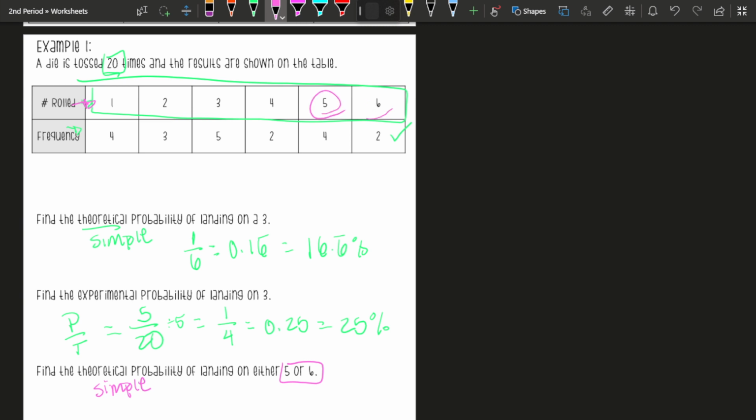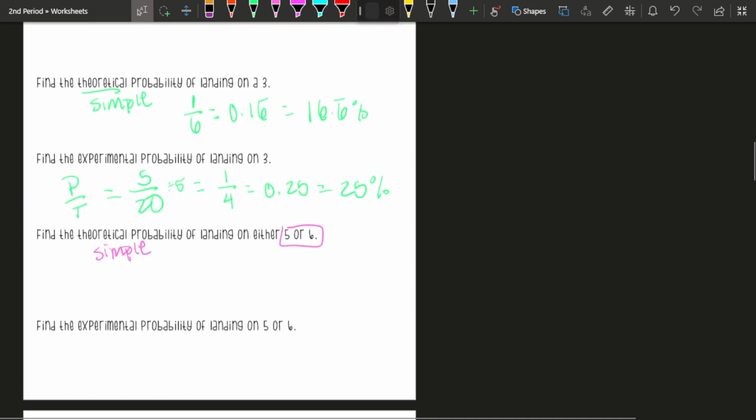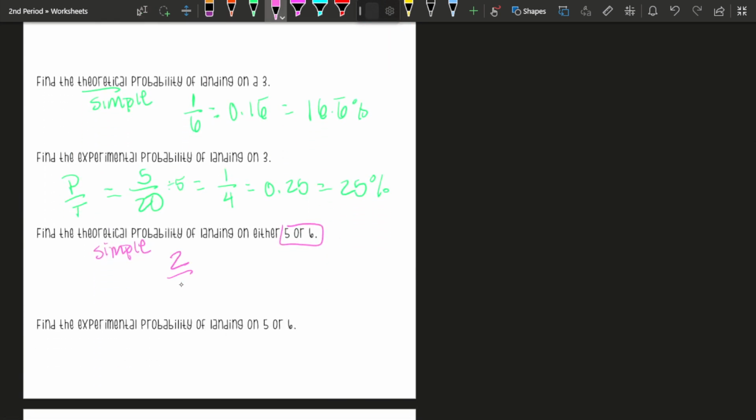So how many 5s or 6s do I have total? 2 out of 6. Can we simplify that? By 2. And you get 1 over 3, which is 0.33 repeating, which is 33.3%. All right, that's the theoretical. It's just simple. I have a 5, a 6. That's 2 of them on the dice, and in total, there's 6 faces, right?